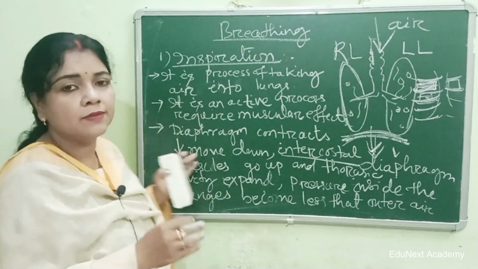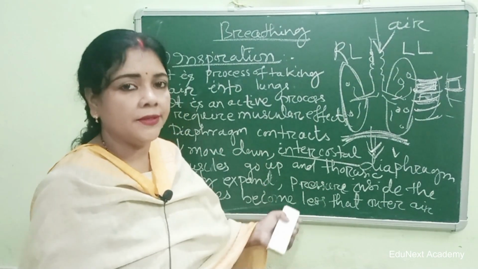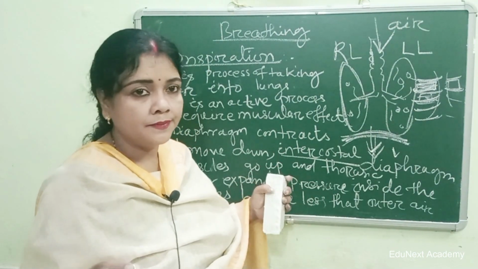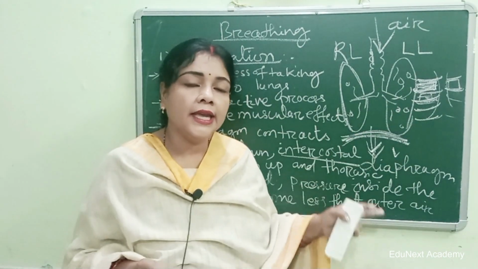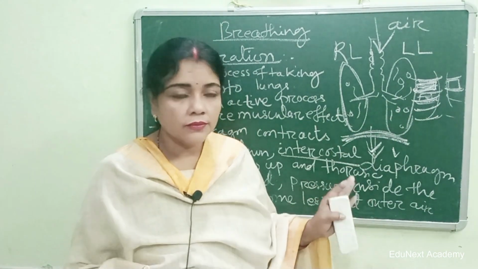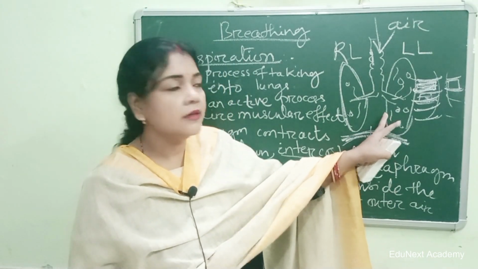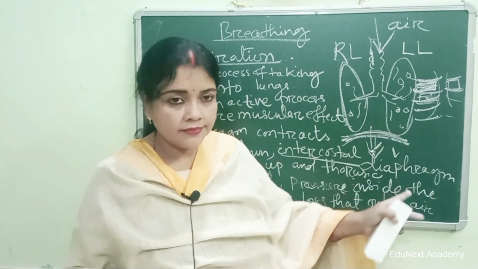When those muscles expand, our thoracic cavity, meaning the whole chest cavity, expands. When that happens, the air pressure inside the lungs becomes low as compared to the air pressure outside.